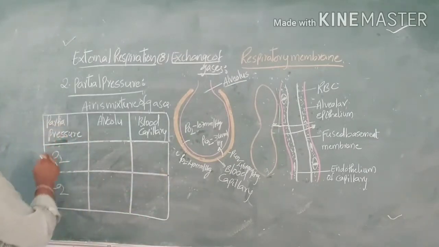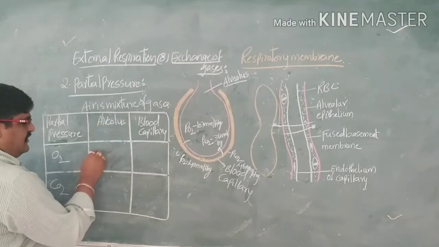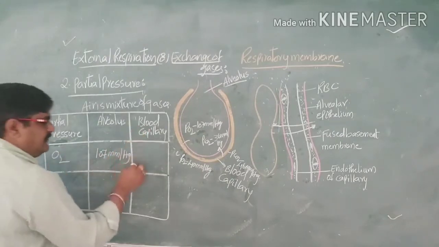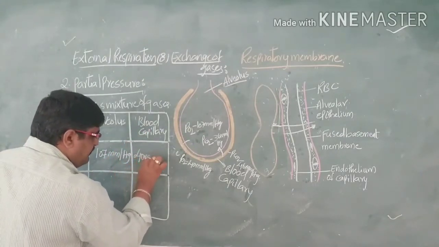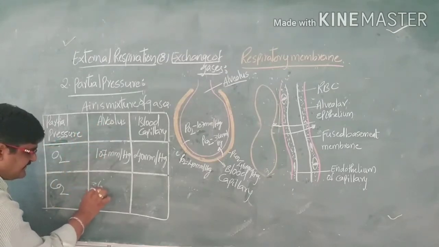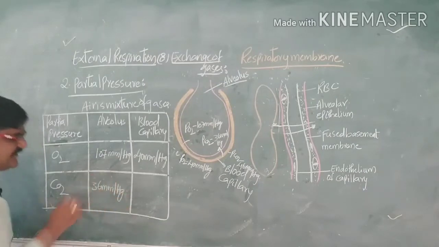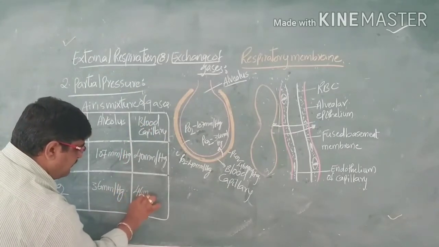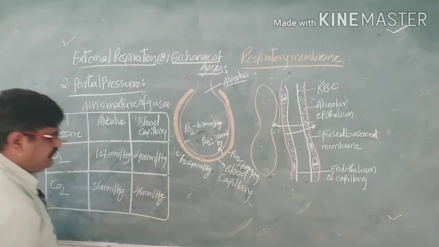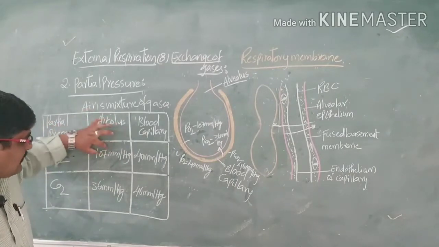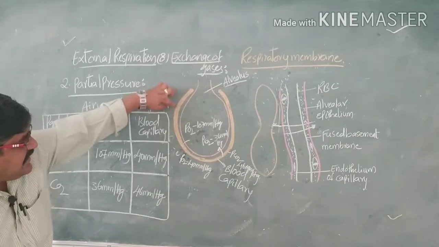The partial pressure of oxygen in the alveolus is 107 mmHg, and in the blood capillaries it is 40 mmHg. The partial pressure of carbon dioxide in the alveolus is 36 mmHg, and in the blood capillaries it is 46 mmHg. So oxygen diffuses from a higher concentration in the alveolus to the blood capillaries.